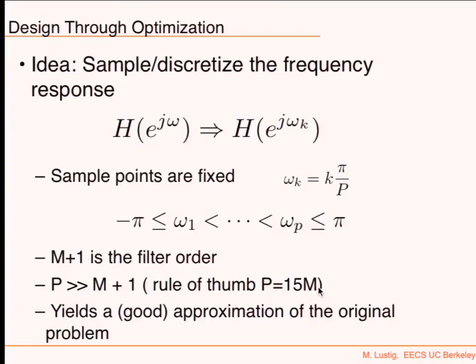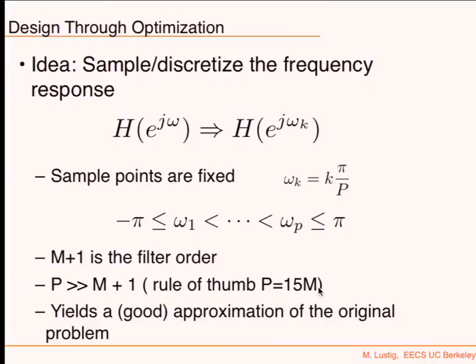Because in that case, there's really little chance for the actual frequency response to oscillate a lot between where we're evaluating them. Okay? Remember when we compute the DFT, for example, the DFT of a constant signal, then you just get a delta function in the DFT, right? It's just an impulse. But we know that the actual frequency response oscillates quite a bit, right? It's really like a periodic sinc.